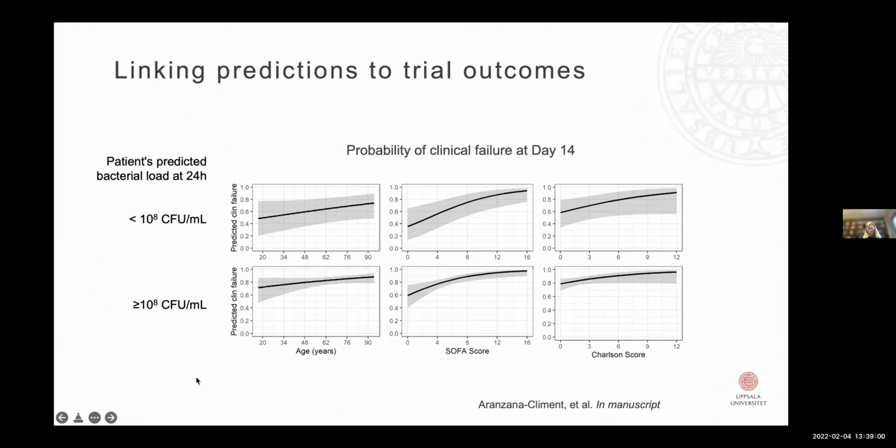So again, there are other factors, of course, that are related to whether the treatment was successful or not. Age, SOFA score, and here the Charlson score as well. But then we could also see that for those where these factors were combined, if we had a bacterial load of less than 10 to the power of 8, then the failure rate would be lower compared to if the patient had a higher or very high load after 24 hours.